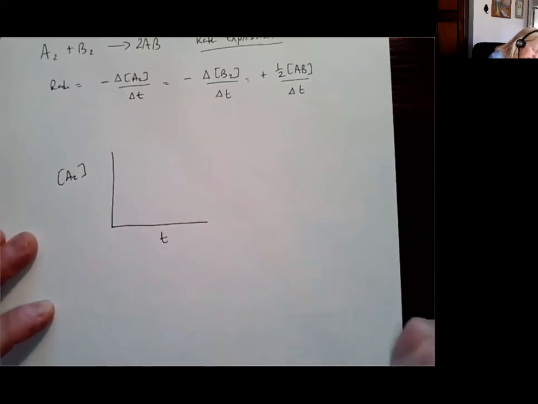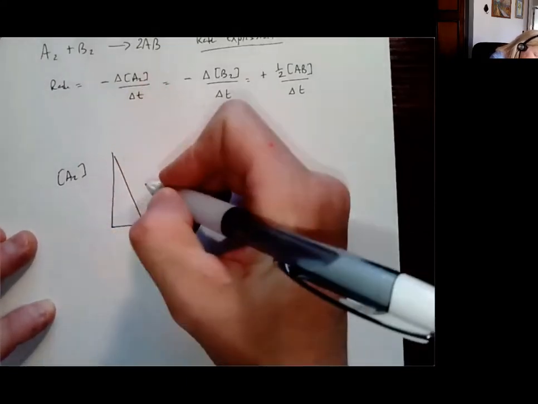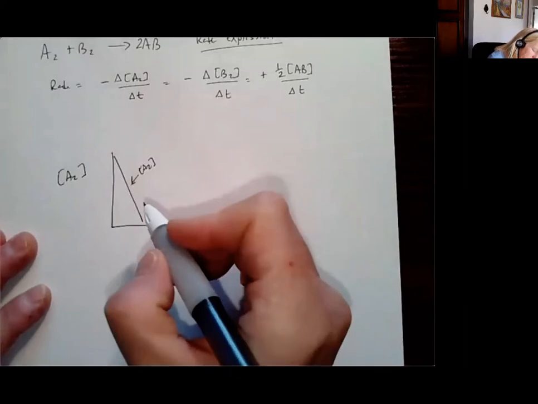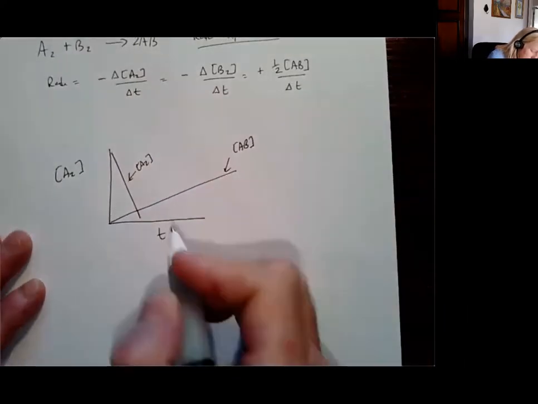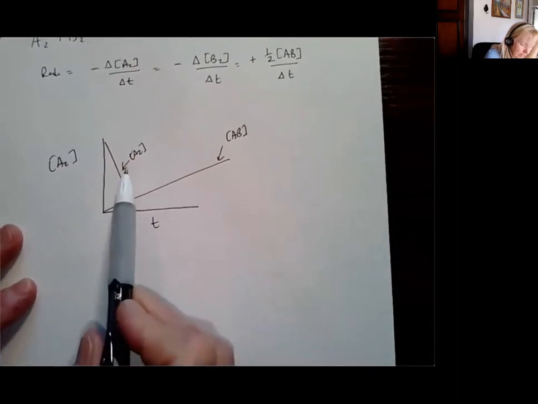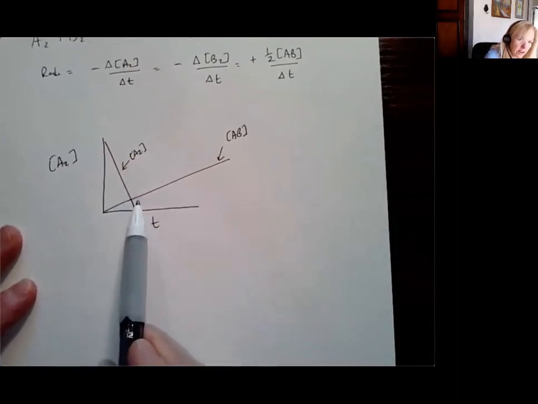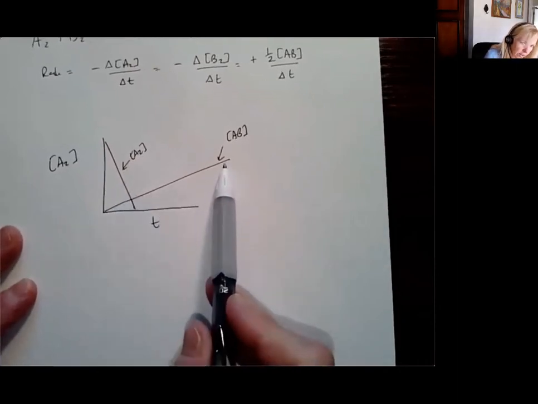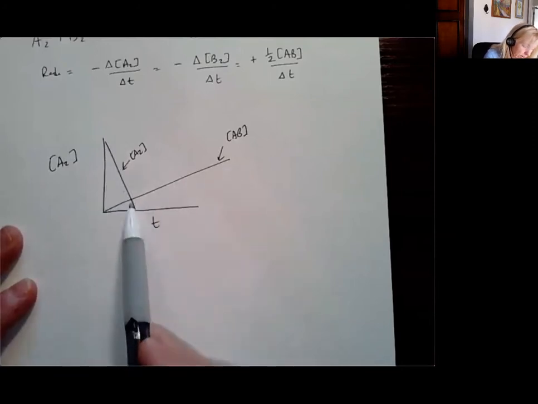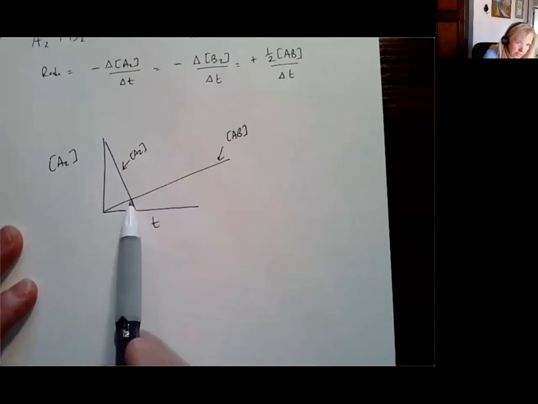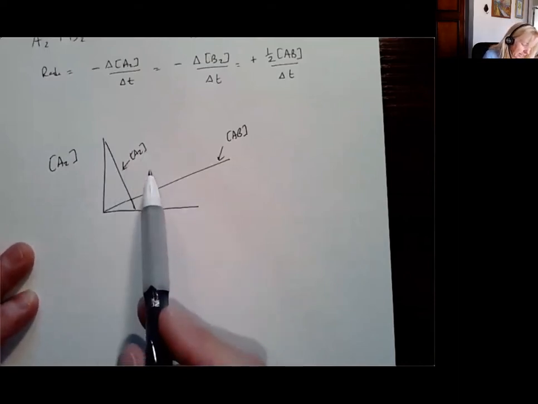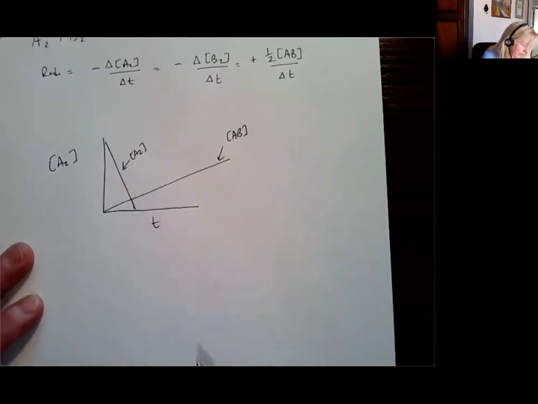And what I saw with A2 is A2 goes like this, but my concentration of my product goes like this. What that's going to tell me is that this is having very little effect on the production of AB, because this is going down significantly. This is almost gone before I see any appreciable product. And so this might tell me that A2 is not really affecting the rate of that reaction.